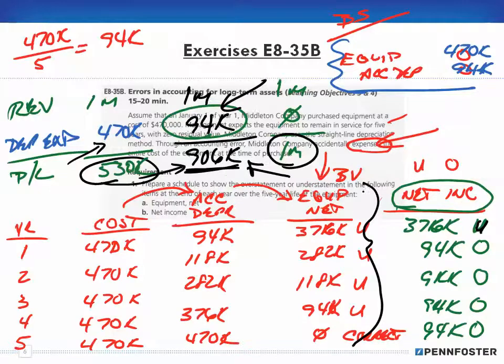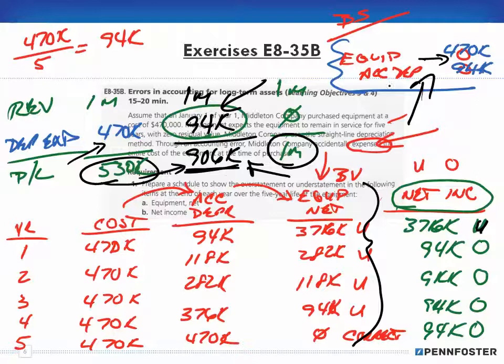And of course, I created this to mimic the balance sheet so that I can understand whether I'm understated or overstated, because my books show that I had zero. My books show zero because I expensed the entire amount.